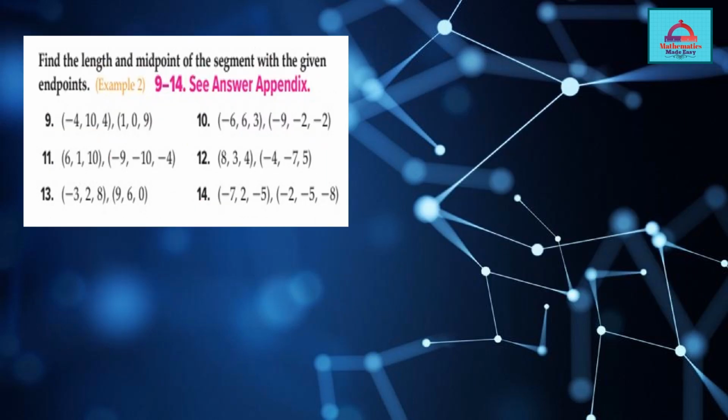Okay, let's solve question 9. First we are using the distance formula. So remember, this is x1 y1 z1, this is x2 y2 z2. Just to avoid the confusion, we will write the values.